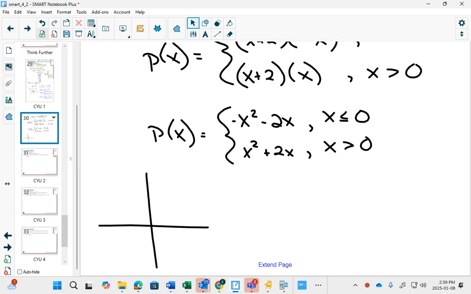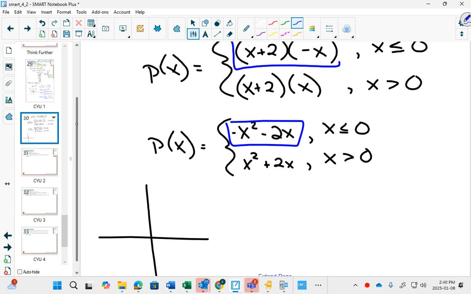Now I'm going to graph this piece in blue and this piece in green. And I'm going to graph the whole thing first with the dotted line, and then we'll see what the end graph is going to look like when we're all done.